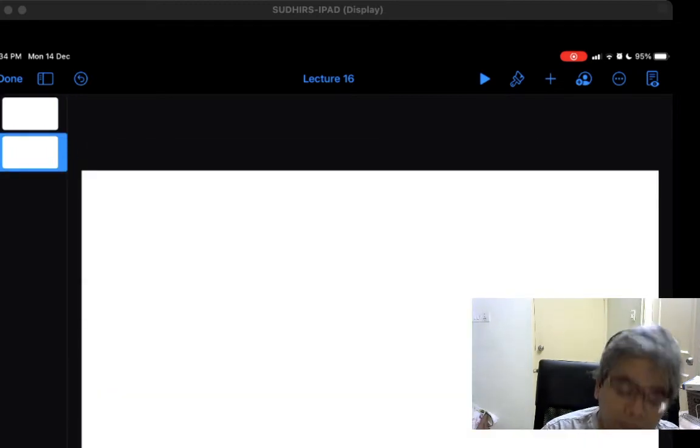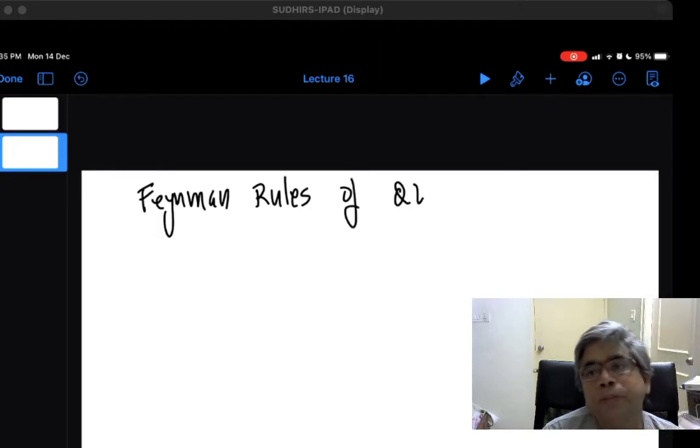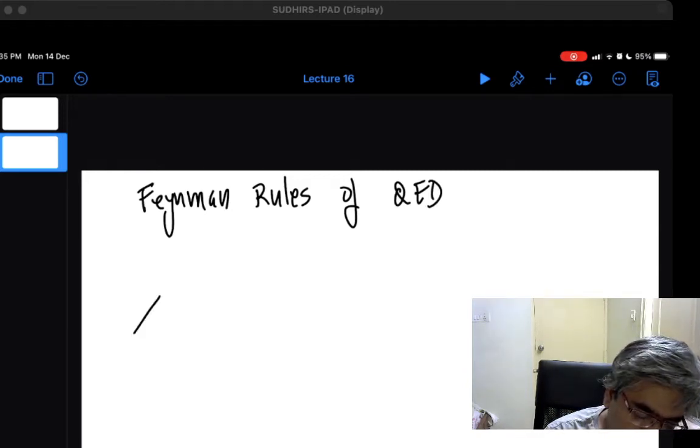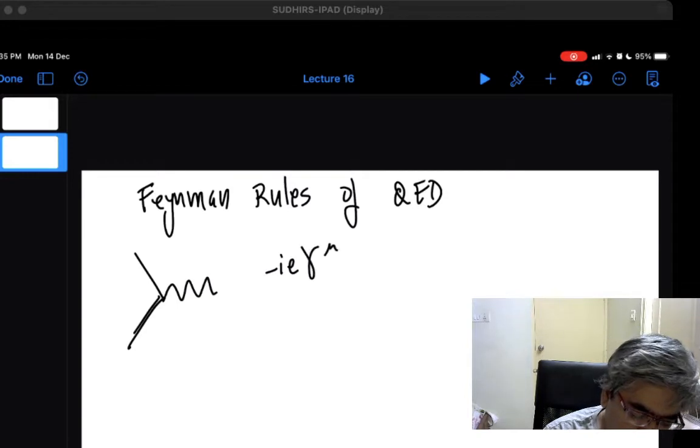So let's start with the basic thing. We started drawing Feynman diagrams for various processes, but before that we had added vertices, so we have the vertices and the Feynman rules. Just to recap the Feynman rules of QED, the interaction part contains the vertex, which is given by ieγ^μ, with the electron going in.